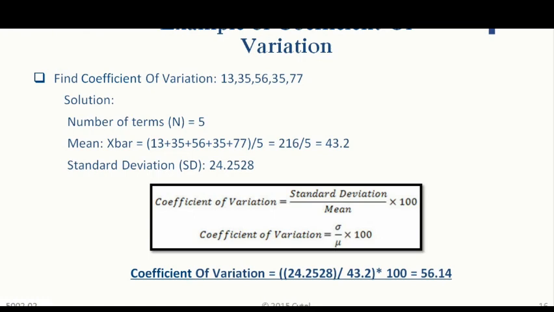Don't divide by n minus 1 whenever you are computing the mean. Then the standard deviation is computed here and you can compute the coefficient of variation, expressed in percentages. So, it is 56.14 percent coefficient of variation. If you have some other data, then you could compare it with that.